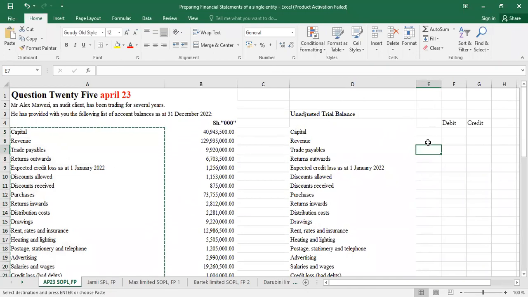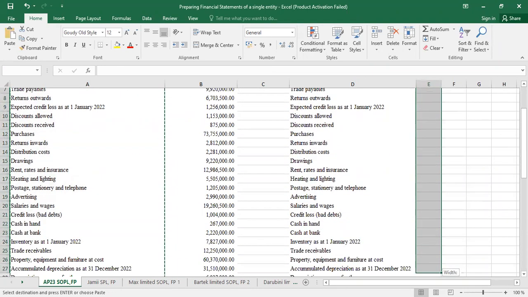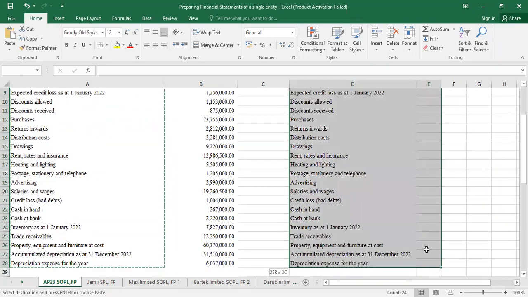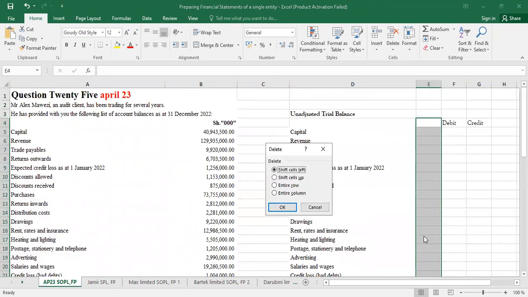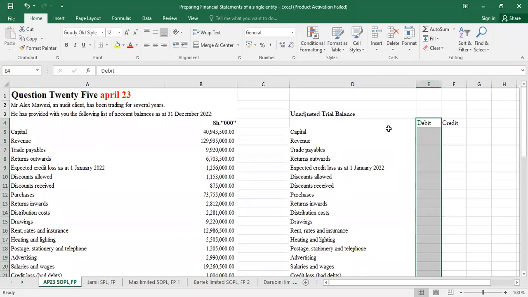Maybe I'll remove this column here, so I'll just select it this way up to the last one there. Then I do Control minus, then I press Enter to move the cells to the left.